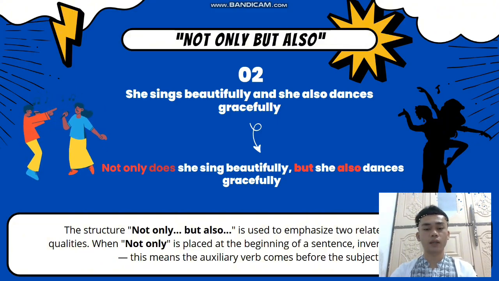Here the auxiliary verb does is used because the sentence is in the present simple tense. Again, inversion takes place: "does she sing" instead of "she sing."